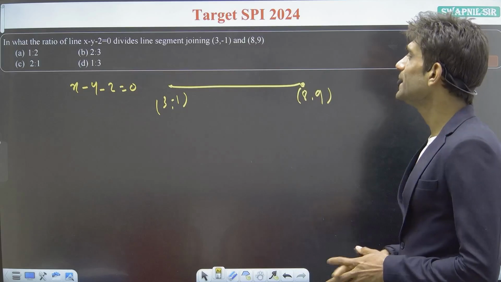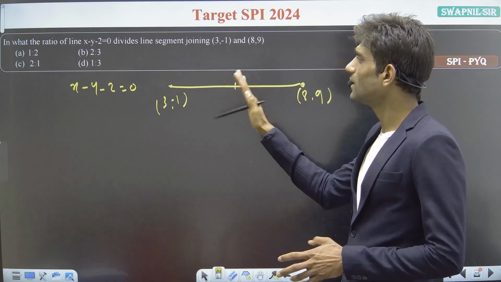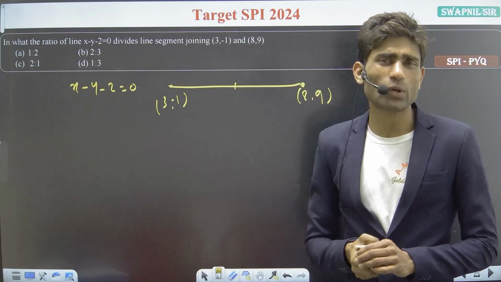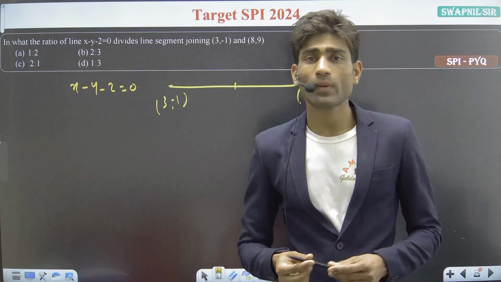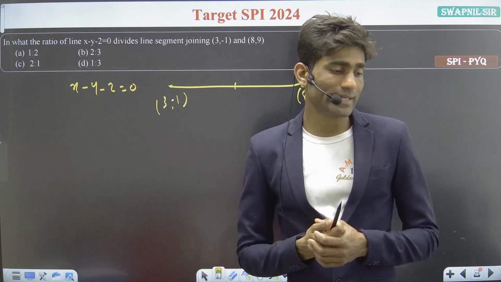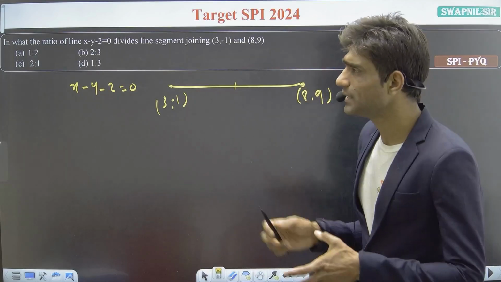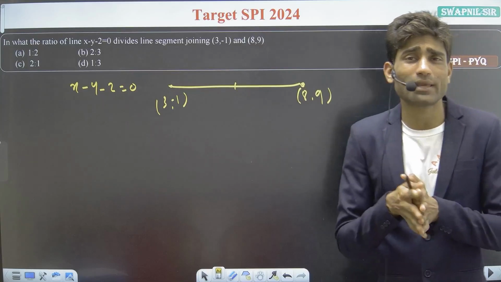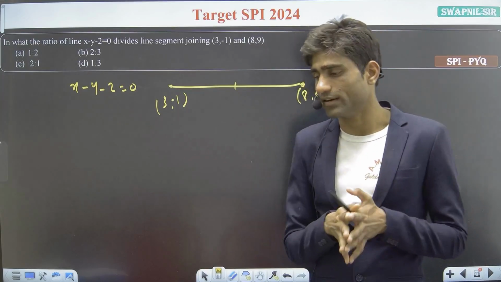As we know, this example is completely based on the section formula. Let's see which section formula is applicable, for internal division or external division.